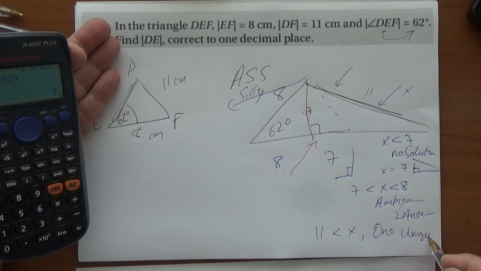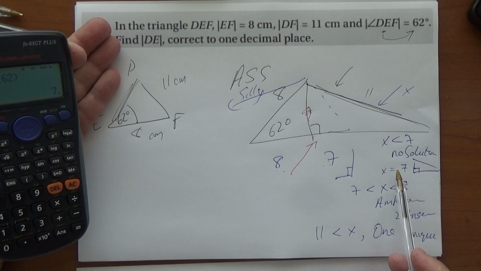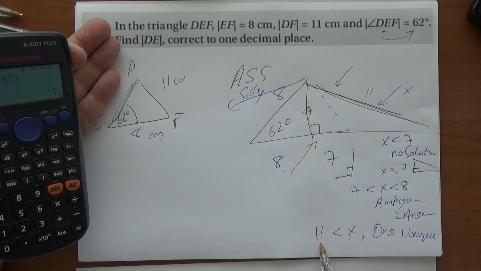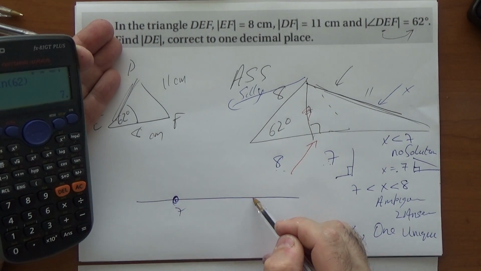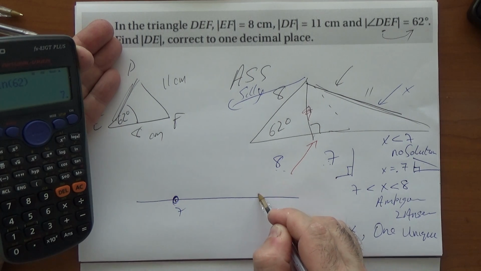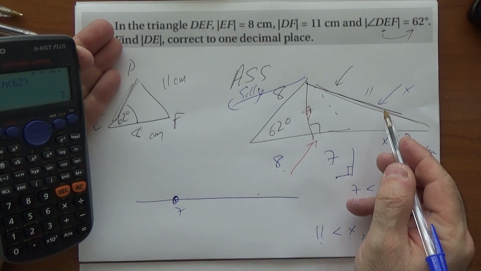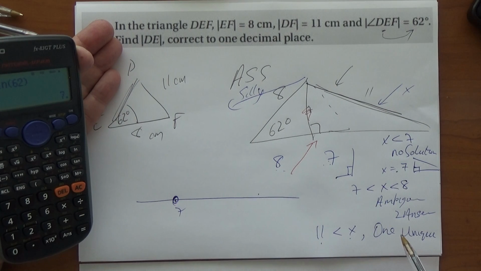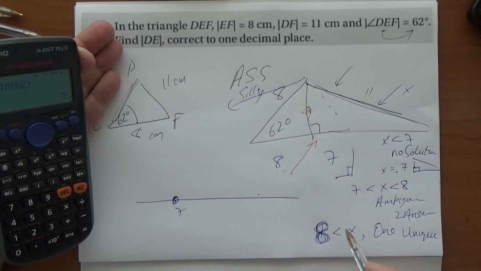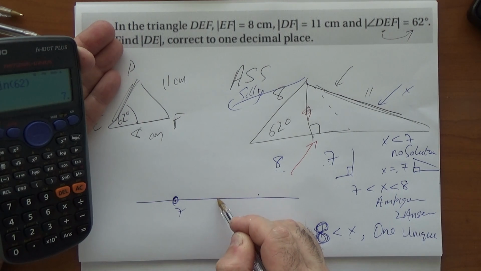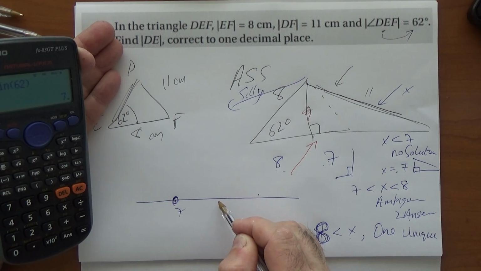So what's funny is there's two ways to get a unique answer. You can get a unique answer when x is 7. You can get a unique answer when x is larger than 8. Isn't that funny? So if you draw that, 7 gives a unique answer, and does it have to be larger than 8? It does. If it's equal to 8, what happens?